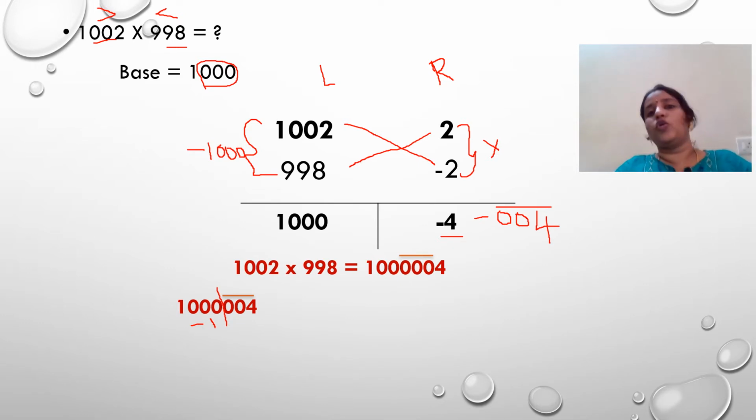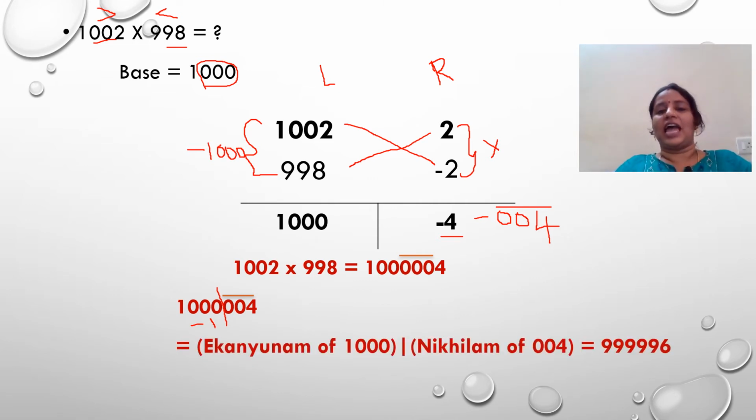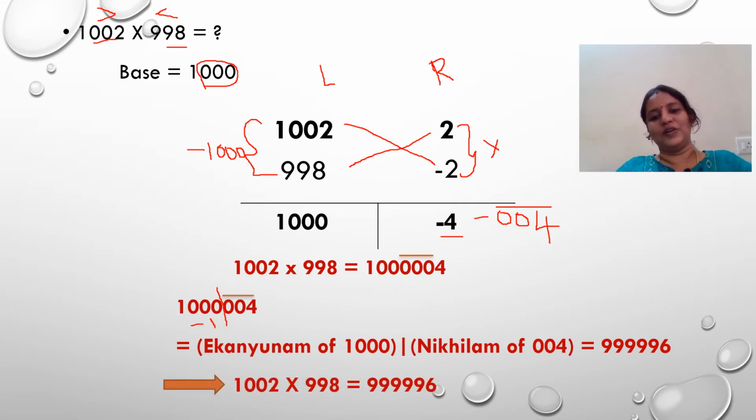And by applying it, the answer will be 999996, isn't it? Yes. So 1002 into 998 is equal to 999996. Okay, come, let's go for the next problem.